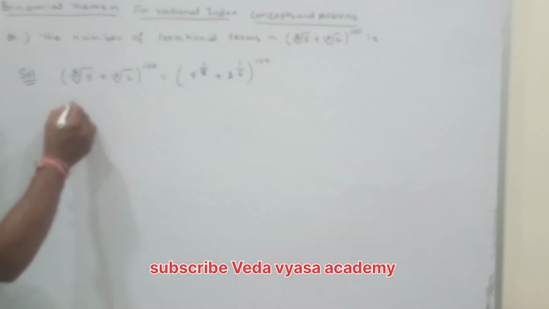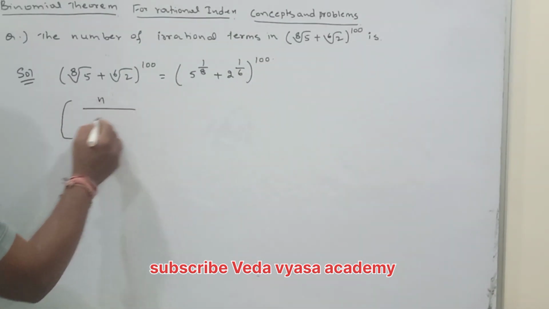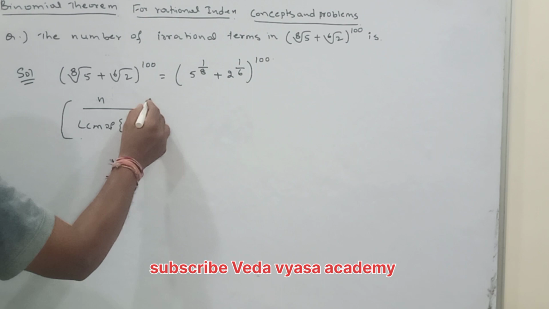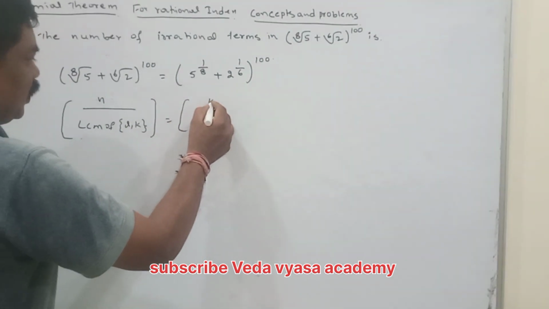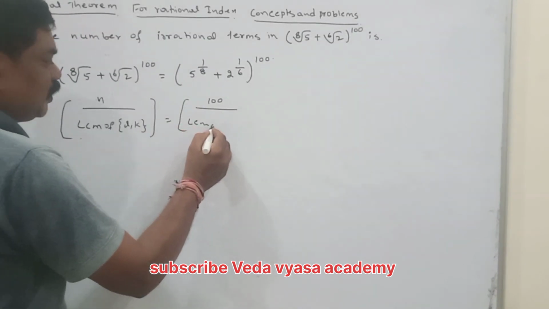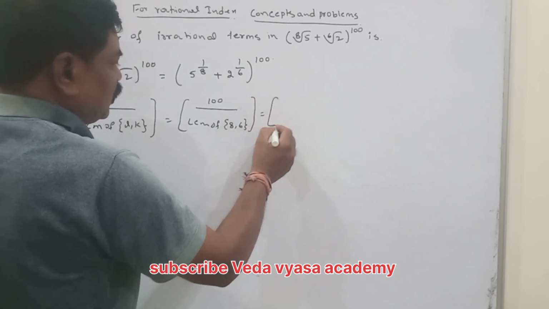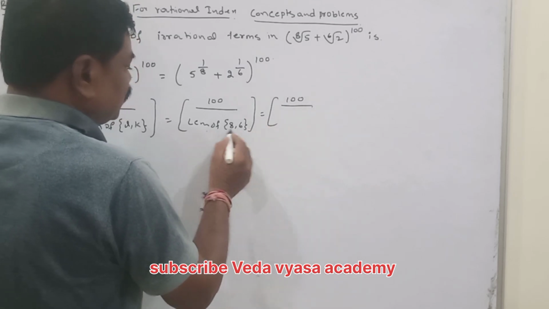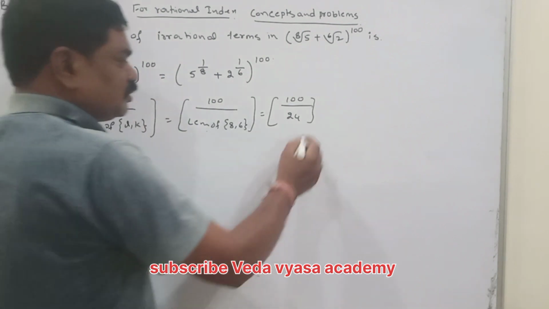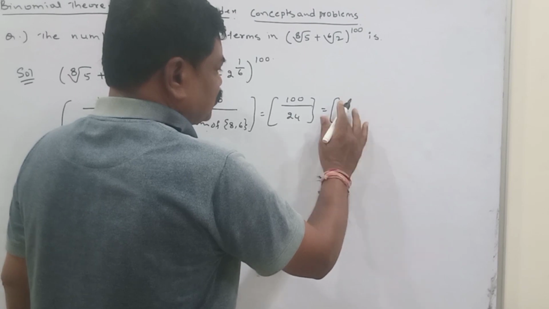Then we have to check the step of n by LCM of L comma k, which is 100 by LCM of 8 comma 6. LCM of 8 comma 6 is 24, so 100 by 24 is 4 point something.